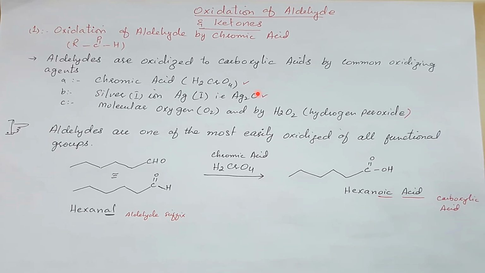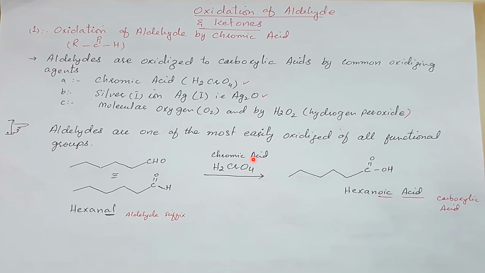In that chapter, they have only discussed the different reactions of the oxidation of aldehyde using these reagents. Firstly, we are going to discuss the oxidation of aldehyde by chromic acid.